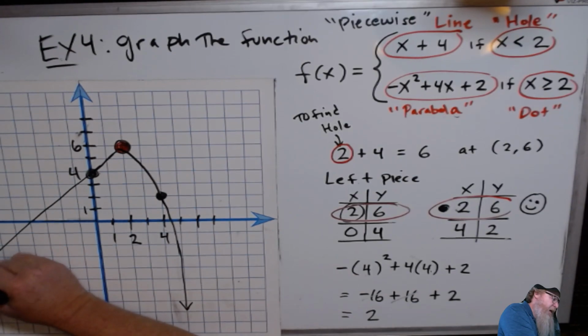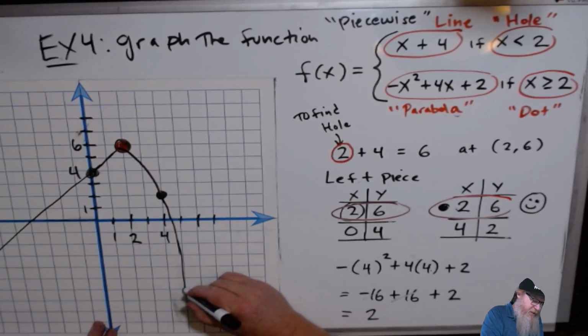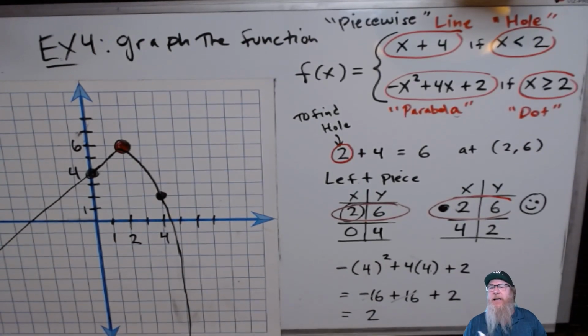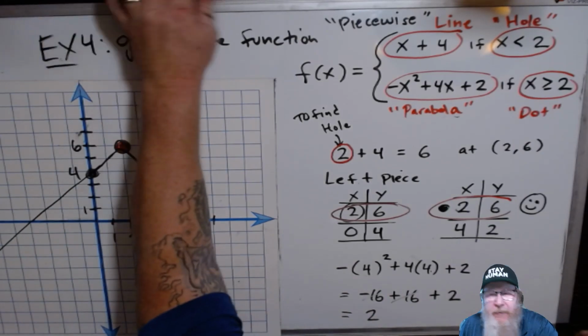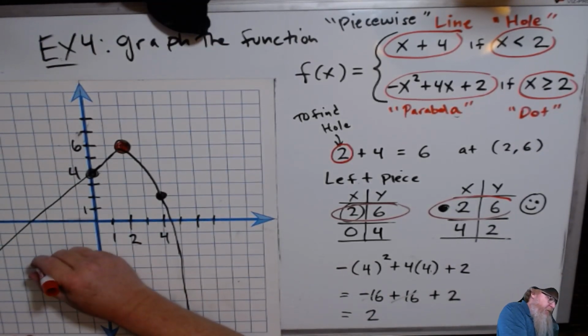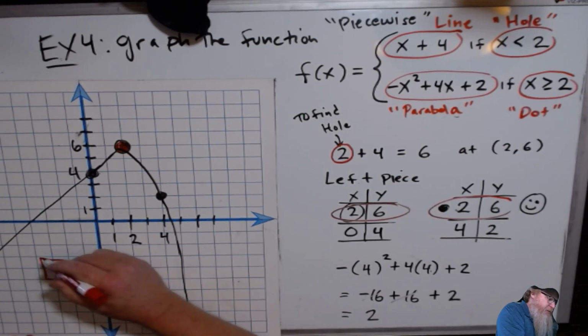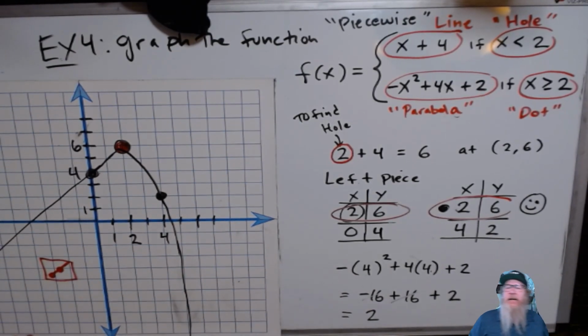All right, so we have a line, we have a parabola. You don't see the arrow tip. It'll just go right off the screen like that. But this is a half parabola. When you're graphing these on your computer, for the line you're going to use the tool that looks like that.